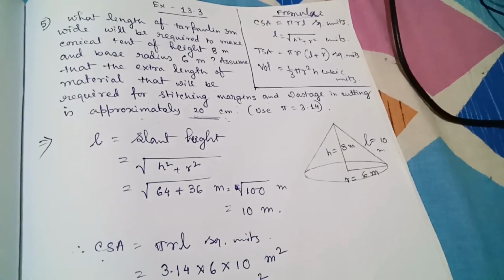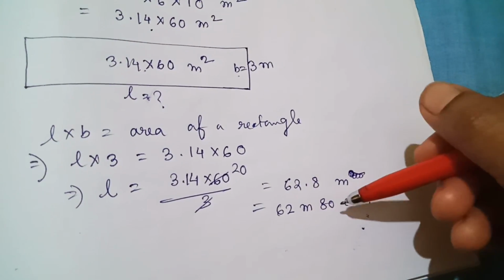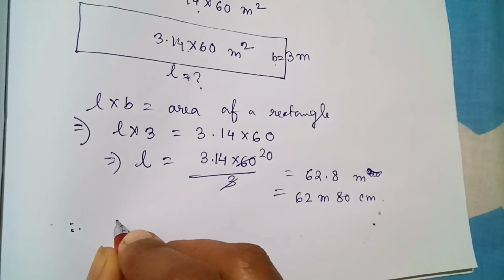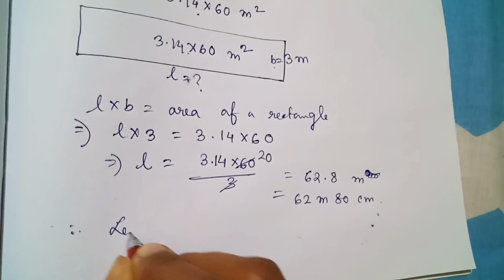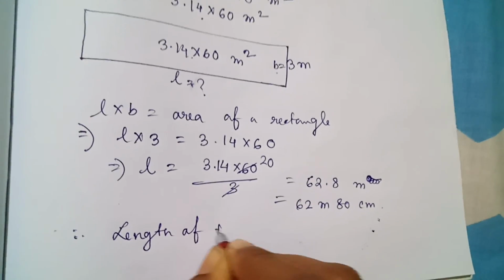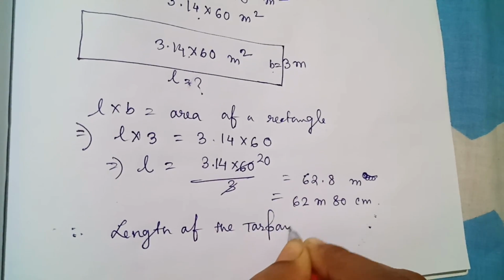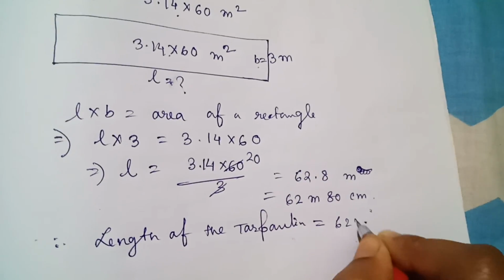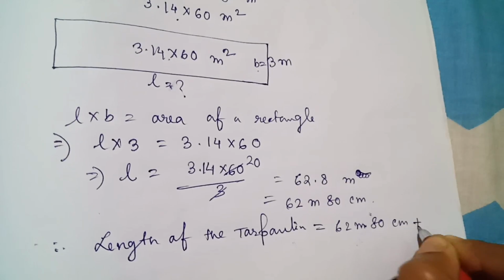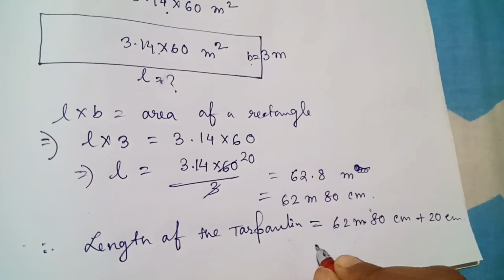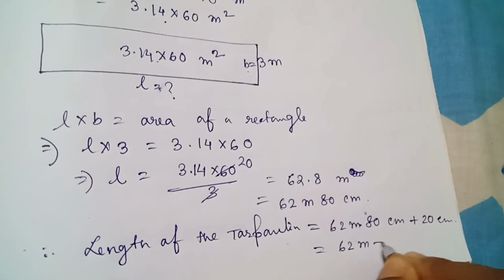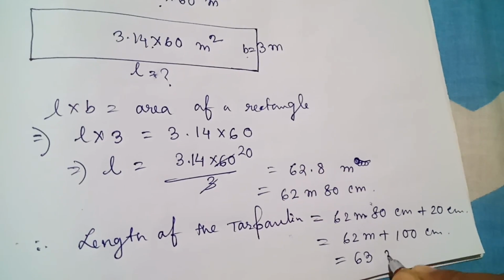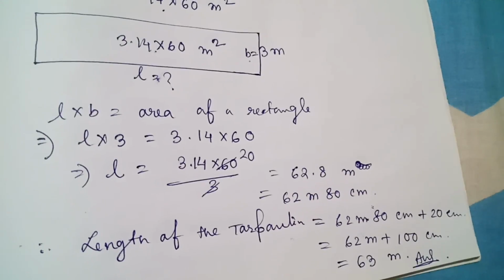So we need to add the wastage to the required length. Length of the tarpaulin equals 62 meter 80 centimeter plus 20 centimeter, that is 62 meter plus 100 centimeter. 100 centimeter means 1 meter, so ultimately it's 63 meter, and that's our answer.